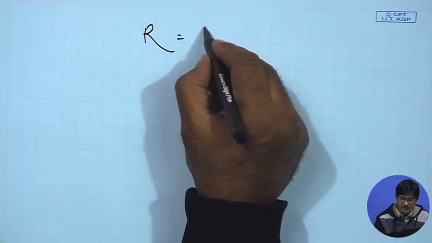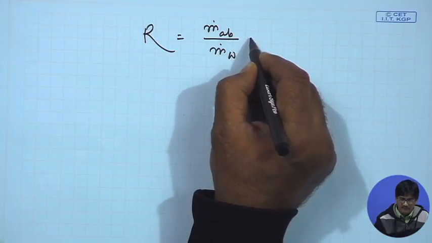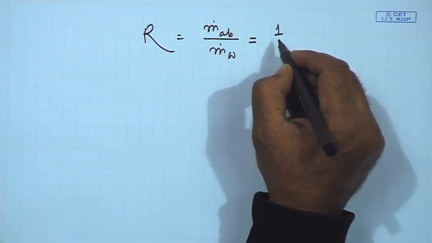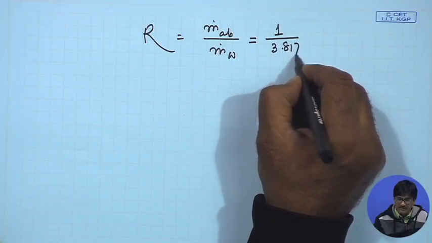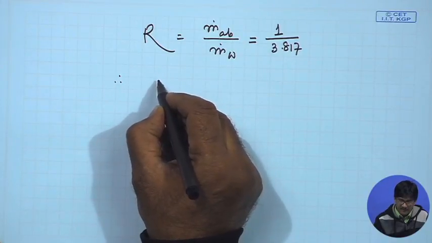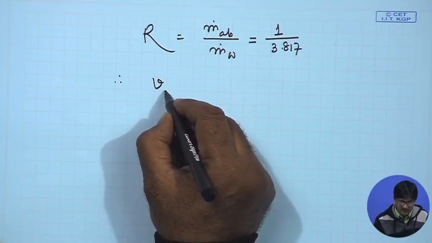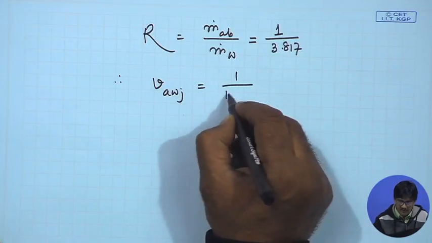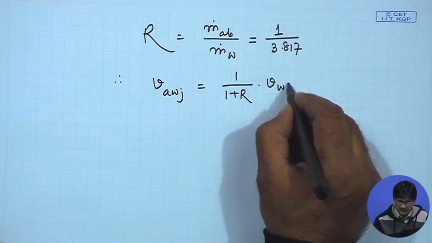It is equal to mass flow rate of abrasive by mass flow rate of water, and that is equal to 1 divided by 3.817, and therefore, velocity of the abrasive water jet must be equal to 1 by 1 plus r into velocity of water jet.